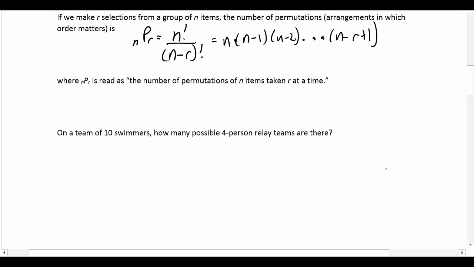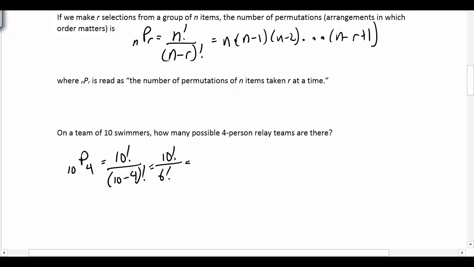Okay, so an illustration of this would be on a team of 10 swimmers. How many 4-person relay teams are there? So the notation for this would be out of 10, permutation 4 at a time, which would be 10 factorial over 10 minus 4 factorial, which is 10 factorial over 6 factorial.